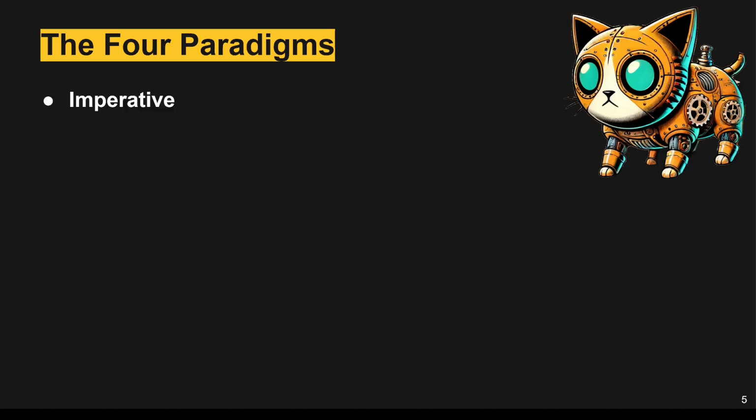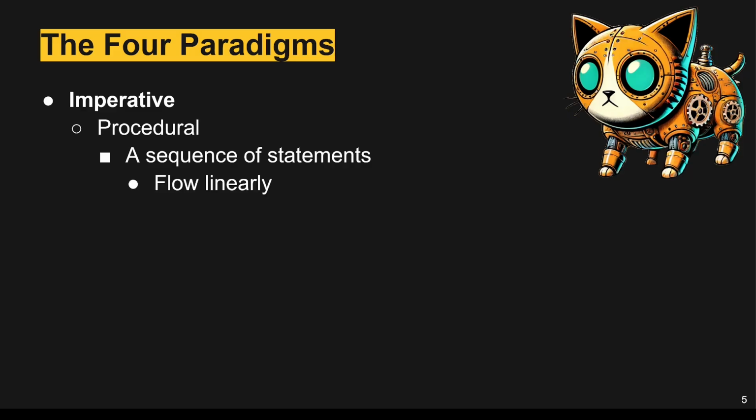Now, the imperative paradigm is a broader paradigm that includes both procedural and object-oriented. For procedural languages, those languages go about solving problems by using a sequence of statements, and they will flow linearly through most of those statements.